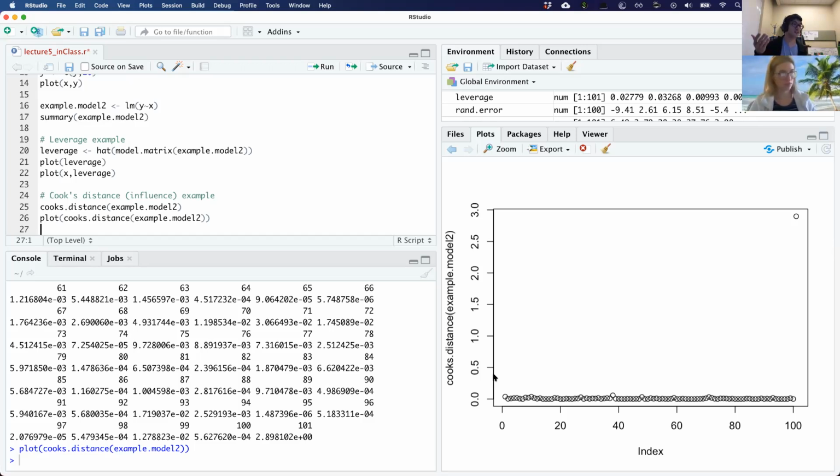Because it's still real data, right? Just because you've identified that a point could be an outlier doesn't necessarily mean you need to reject that data point and omit it from your data analysis.